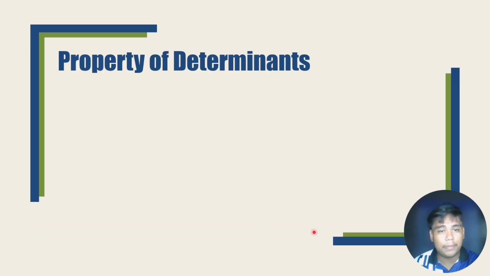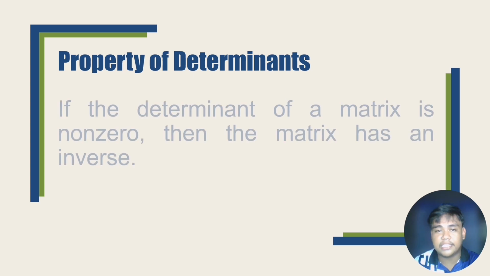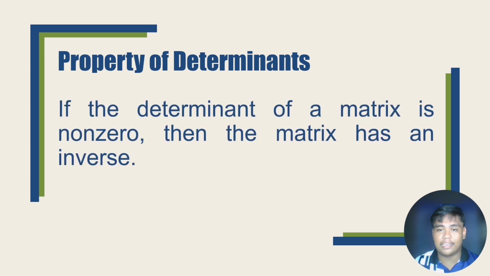From the property of determinants, if the determinant of a matrix is non-zero, then the matrix has an inverse. So from this property, we can say that a matrix that has a positive or negative determinant has an inverse, or is invertible.